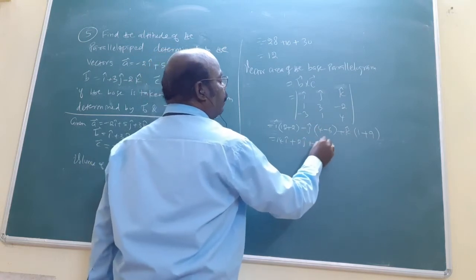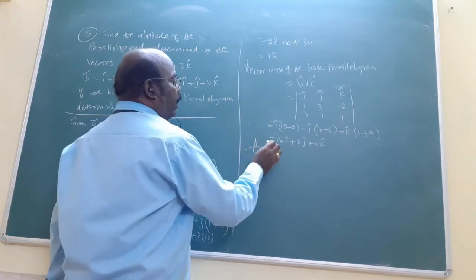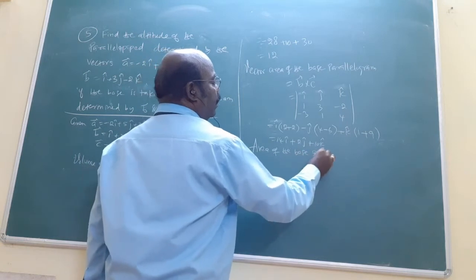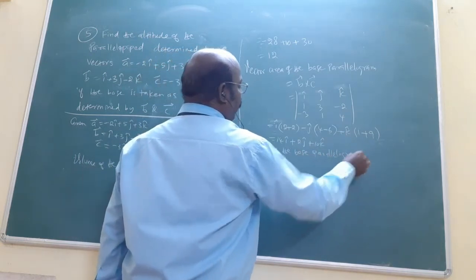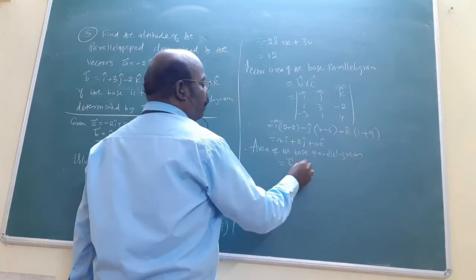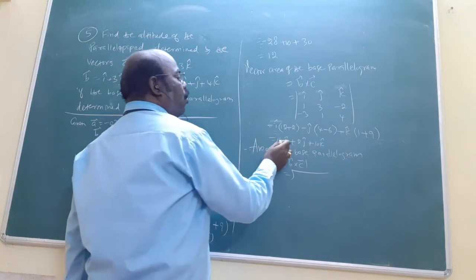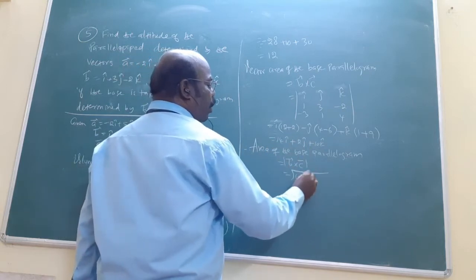Now only the area of the base parallelogram is the modulus of B cross C. Modulus means the coefficients of i, j, k squared and added inside the square root.